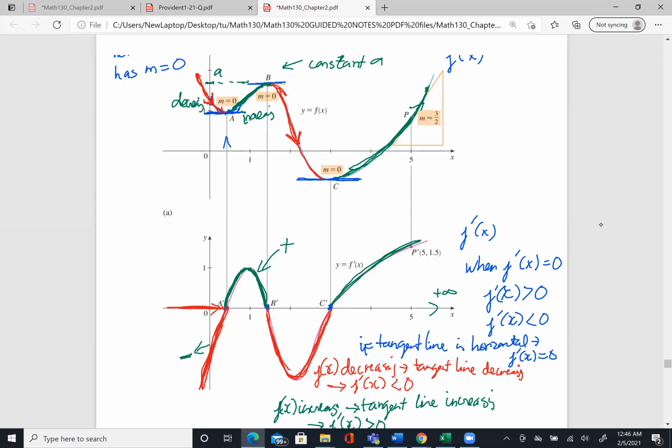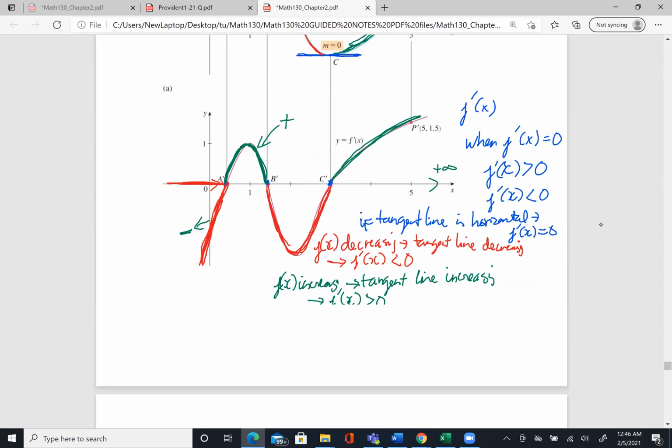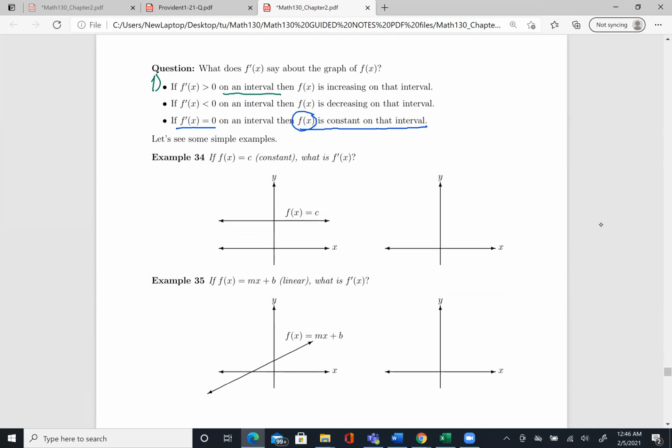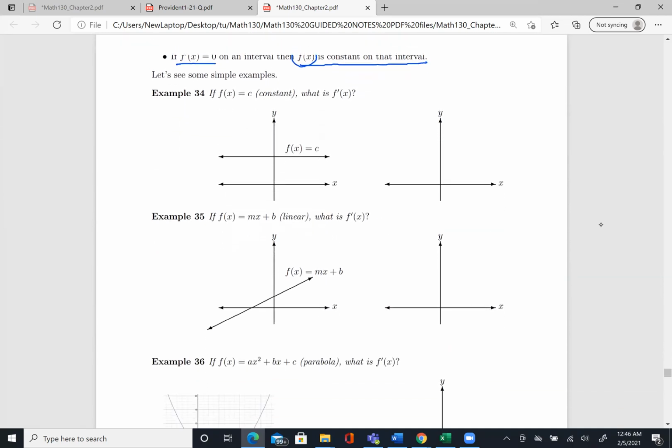Okay. So let's move down. In example 34 here, if f(x) is equal to c, which is a constant, what is f'(x)? So here is f(x) equal to c.